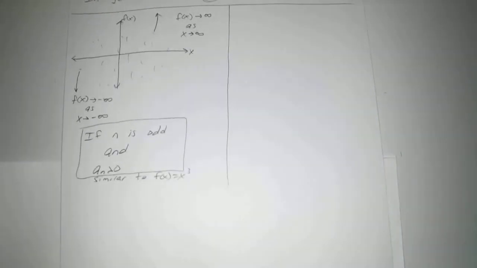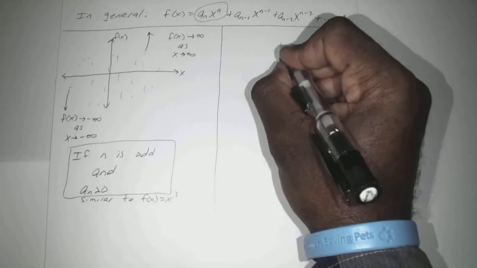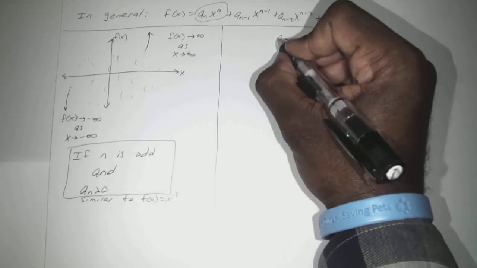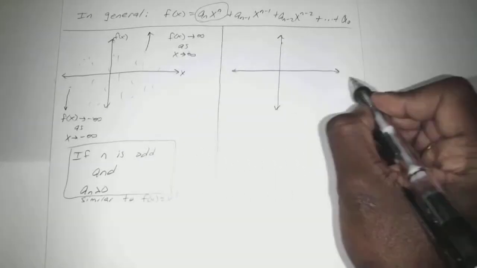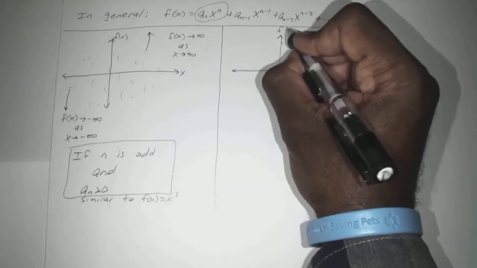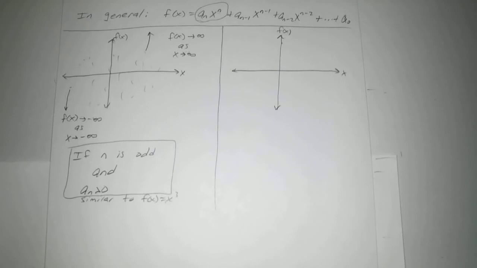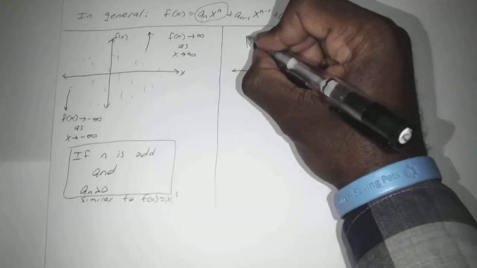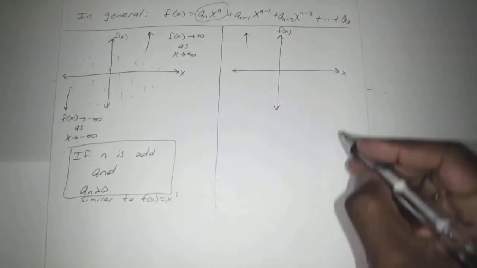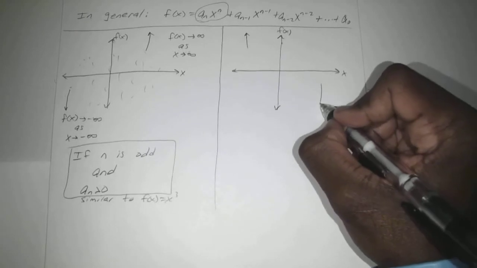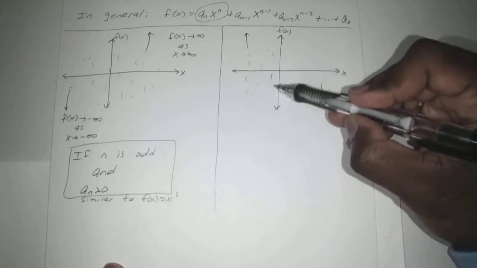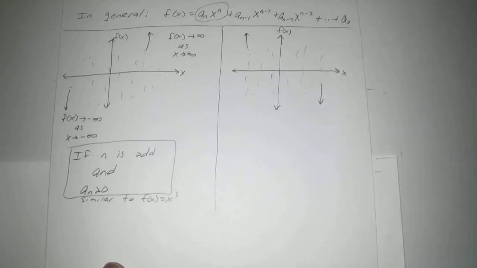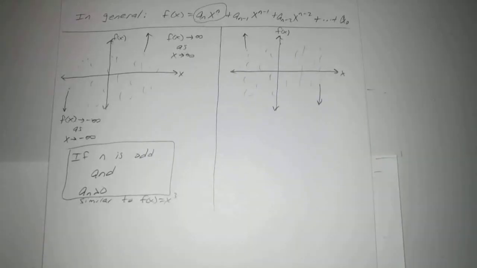Okay. So it's the same thing if you have, let's say you have your graph, you have your x, and you have your f of x. Now let's say this one goes up and to the left and down and to the right. And again, in between here can look like anything at all. We have no clue what in between is going to look like.